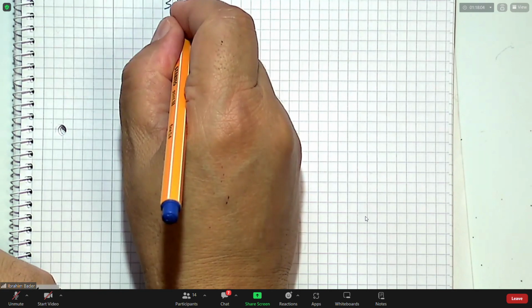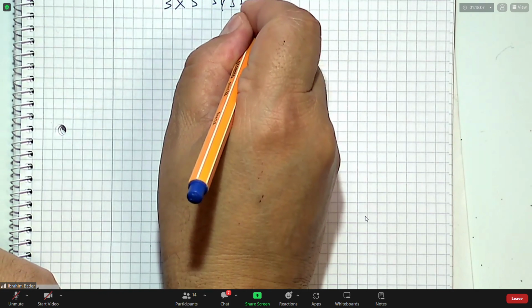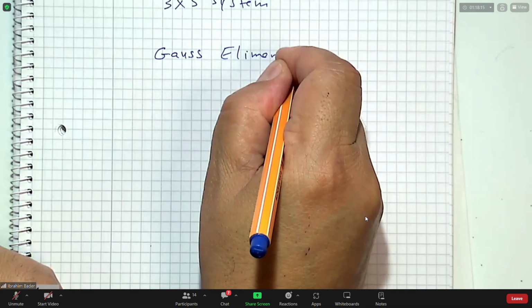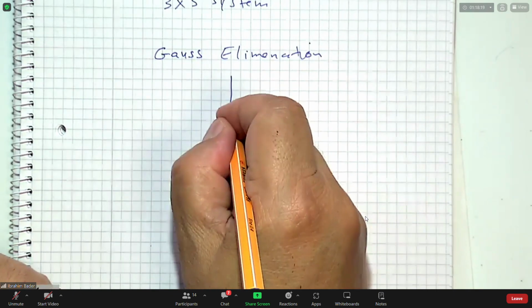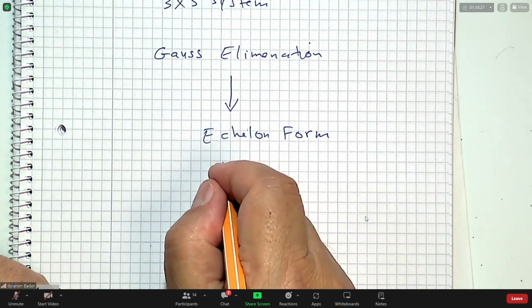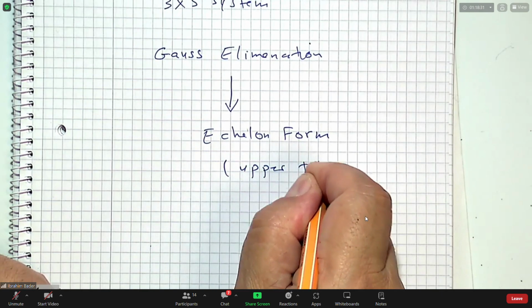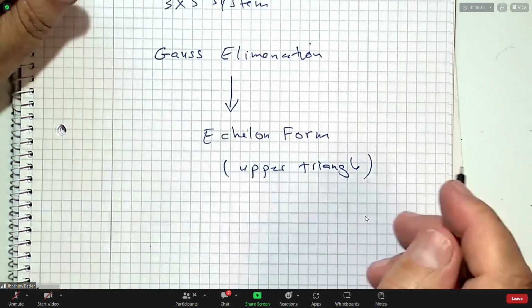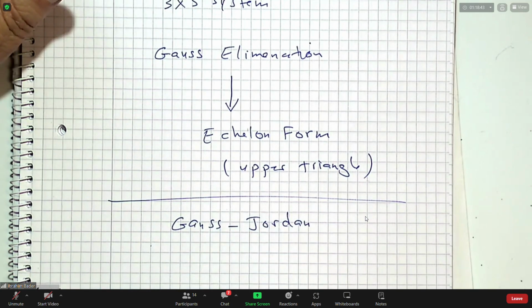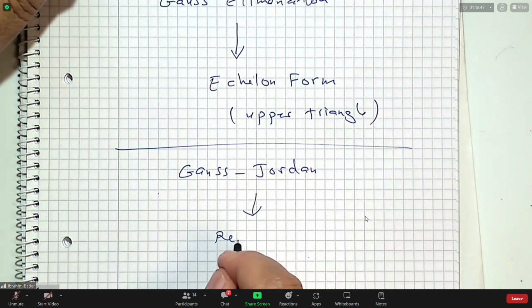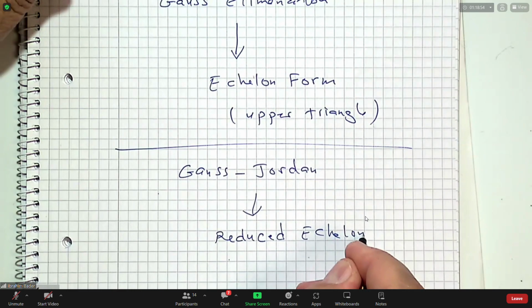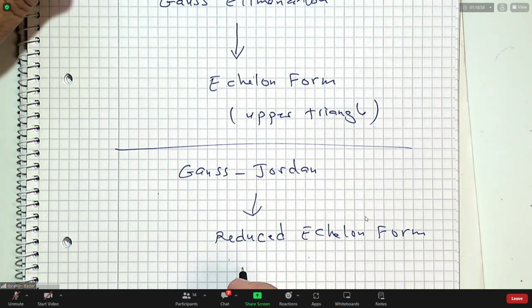With the Gauss method, Gauss elimination, you reduce to something that we call echelon form, which is also called upper triangular. But with Gauss-Jordan, you reduce it to what we call reduced echelon form, and in this you have the identity.